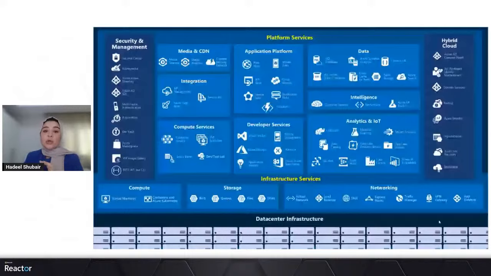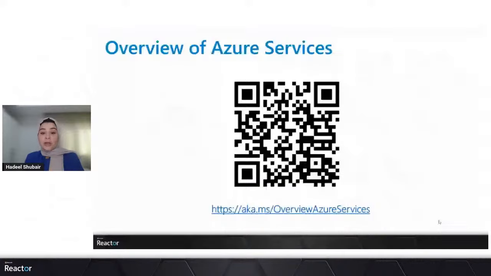And in case you want to have a copy of this table or chart, I have a link here for you and the QR code, which you can easily scan through your phone or any device that you have, that will take you immediately to the website that has the overview of all these Azure services, and you can explore them in depth if you're interested.